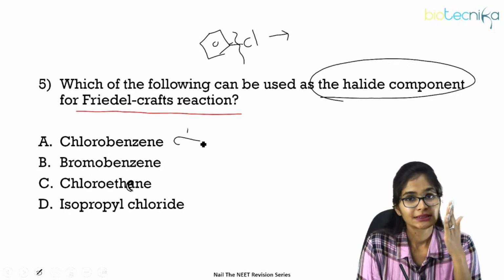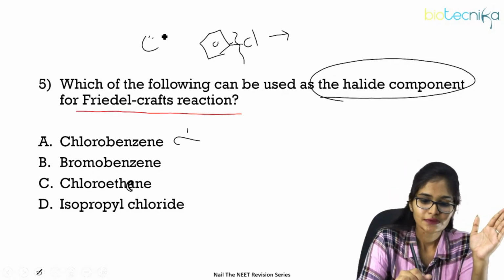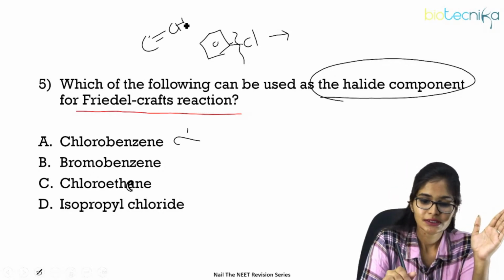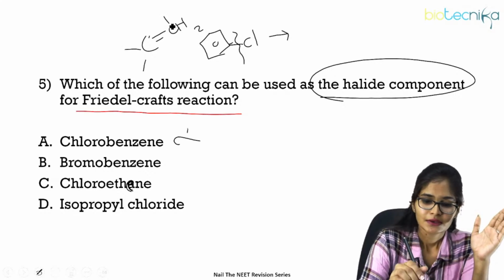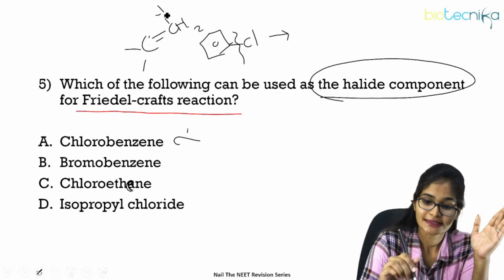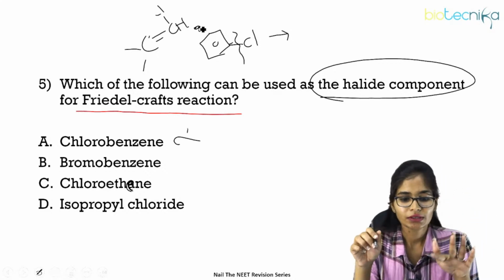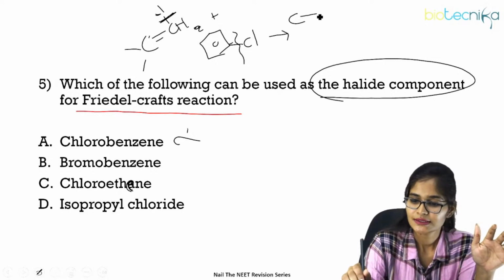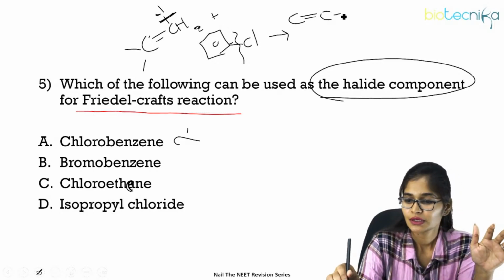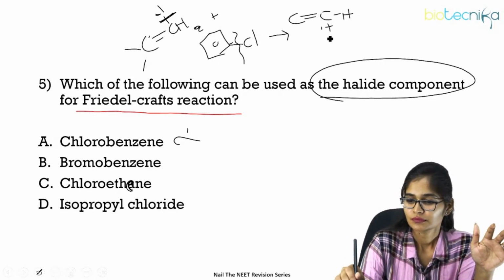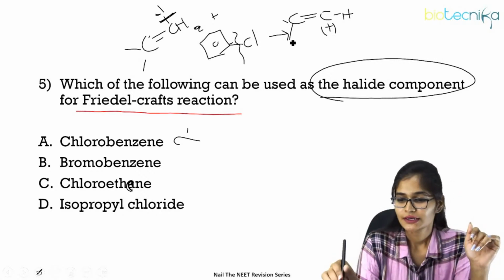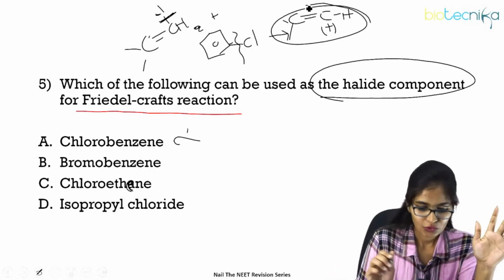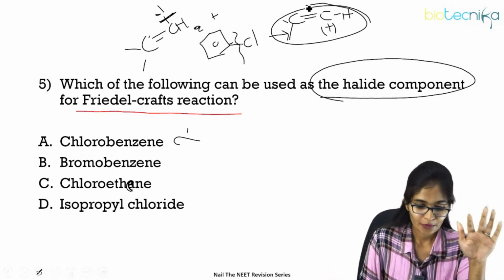And now they have given chloroethene. Chloroethene, where CH double bond CH2Cl, if you consider, one hydrogen will be there, so it will be CHCl. Here, if you break this bond, the carbocation you are generating is not stable. Because of that, I can say even chloroethene is not a proper answer.